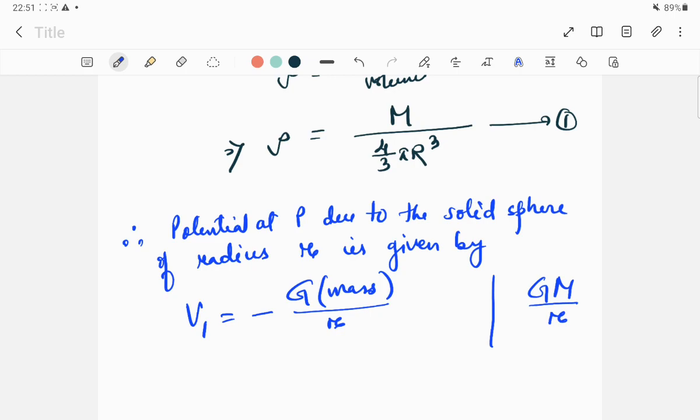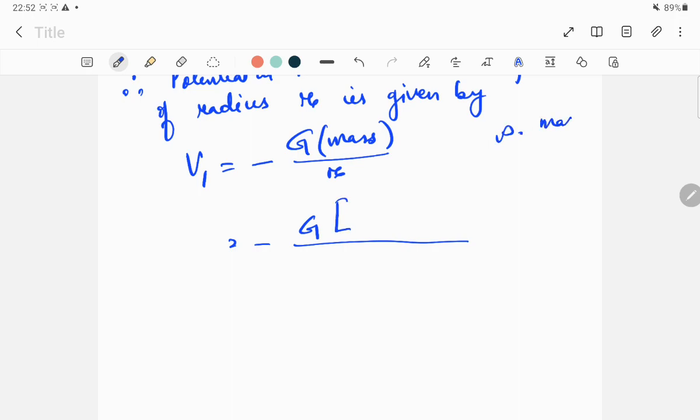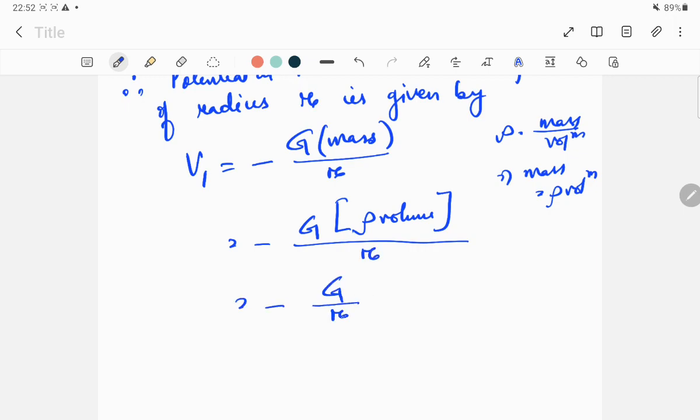If you want to find out what the mass is, we have mass per unit volume rho. So rho is equal to mass per volume, so mass will be equal to rho into volume. So it will be minus G by small r into rho into volume.